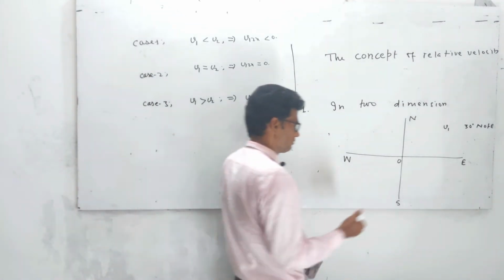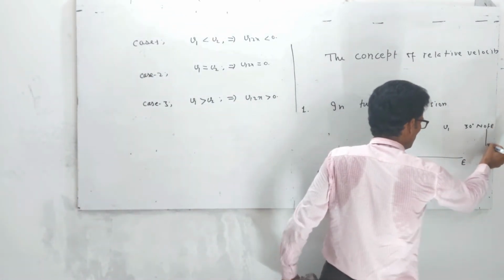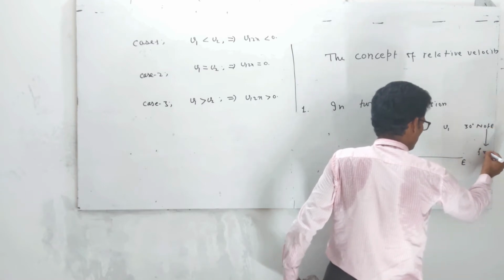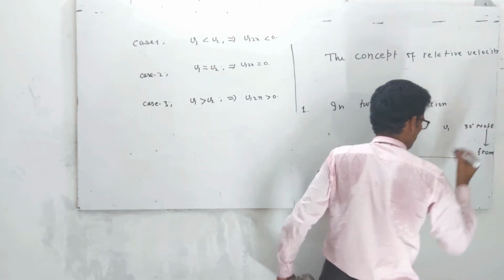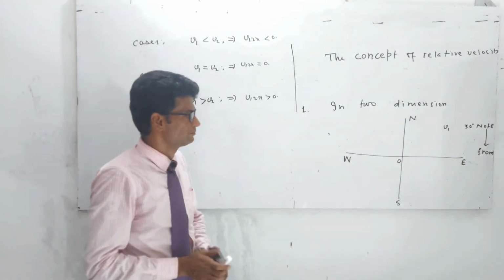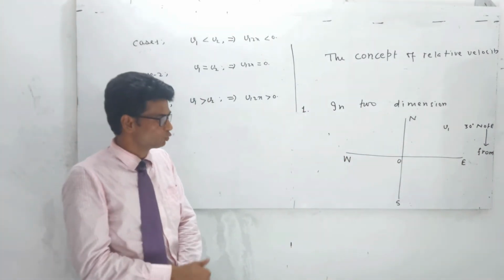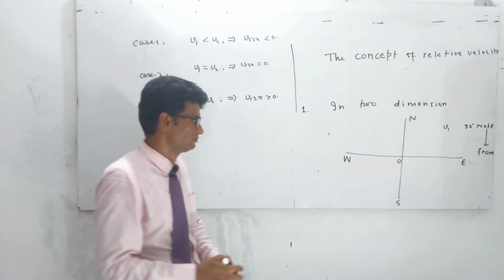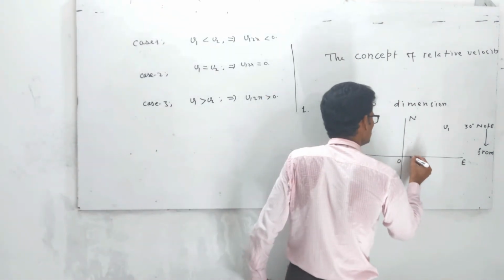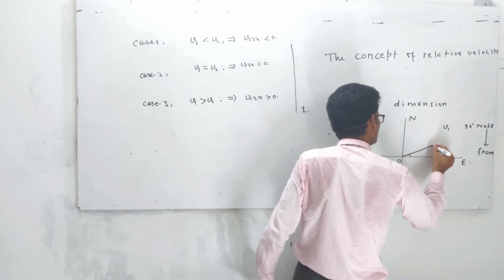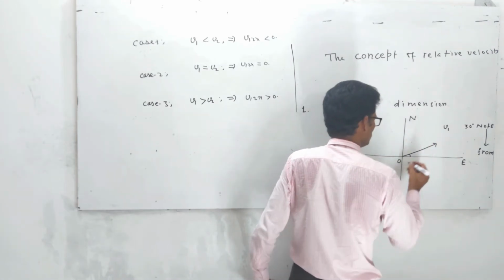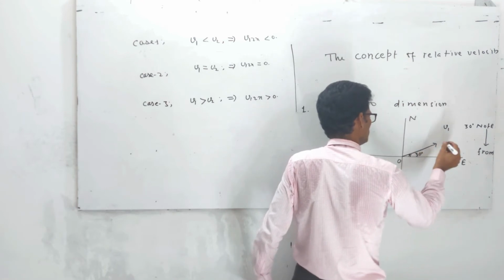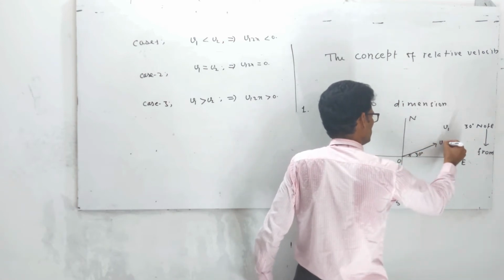So there is a trick, however it may or may not be grammatically correct: replace 'of' with 'from'. So 30 degree north from east, speed v1.